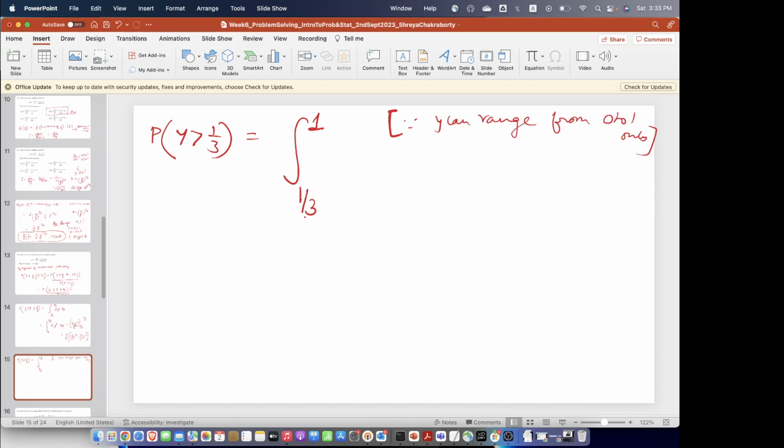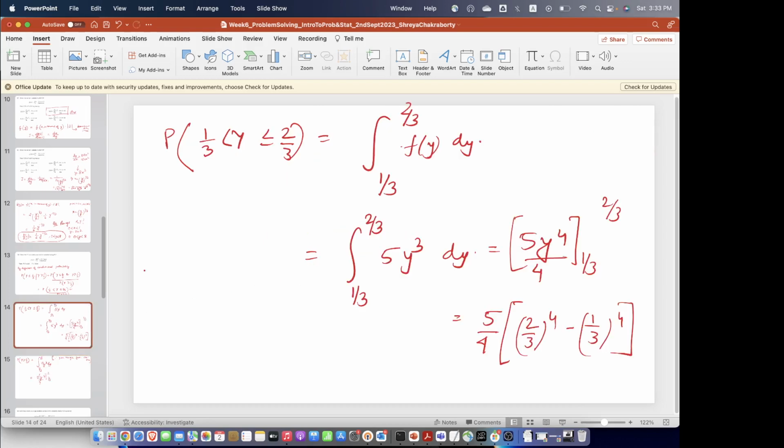So it will be integral 1/3 to 1, 5y cube dy. So here again we'll have 5y to the power 4 by 4, from 1 by 3 to 1.